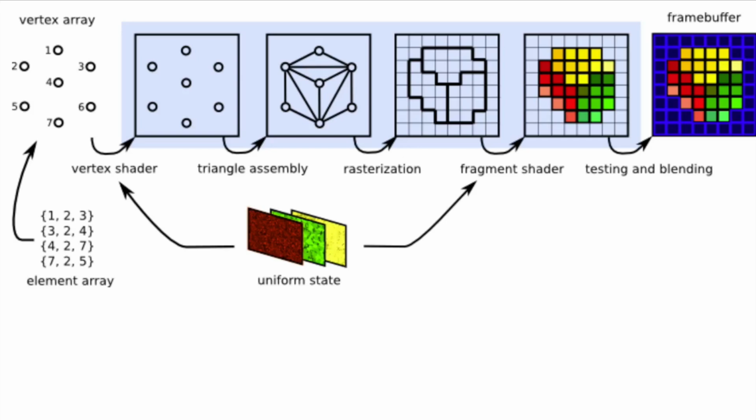Then the computer will take those, triangulate them, and do a process called rasterization, which basically breaks it down into pixels. The second type of shader is a fragment shader, which colors these pixels in. Once these pixels are colored in, it puts it to your screen. So that's the whole process of how shaders work in general.